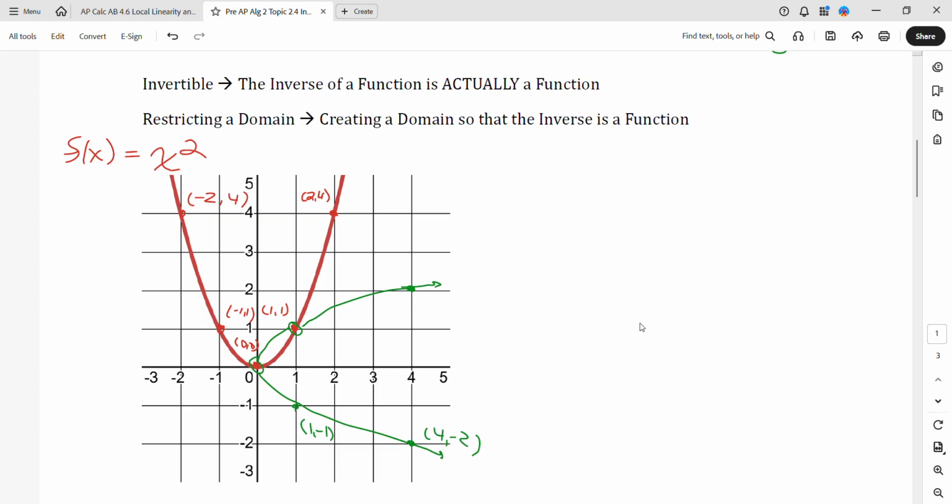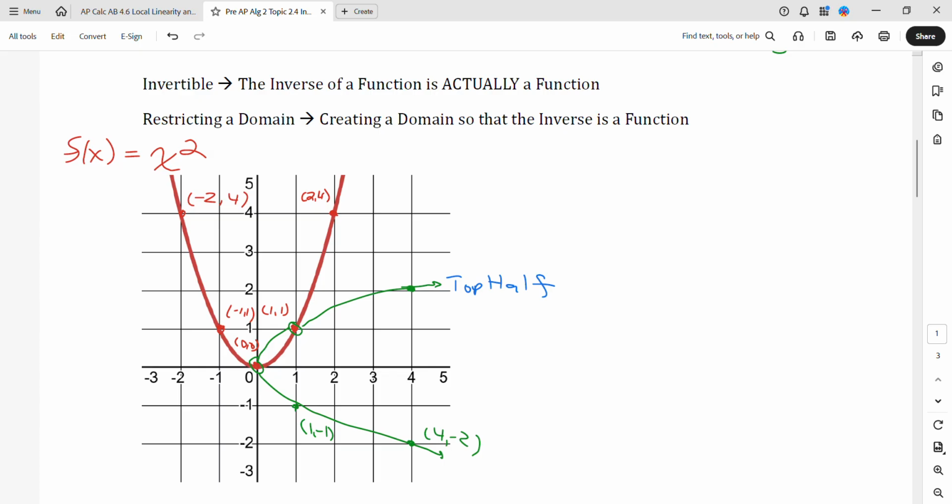If we graphed it on the calculator, it would be the top half. I'm not going to draw it in, because I don't want you to feel like you have to do another one or a different type of line.